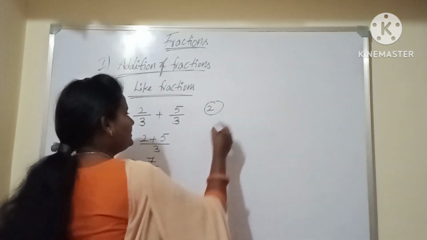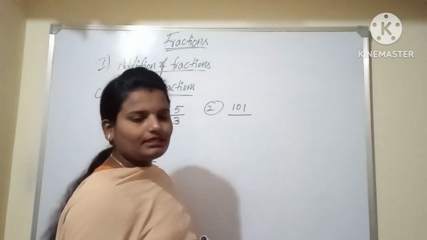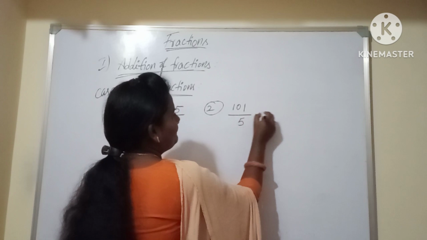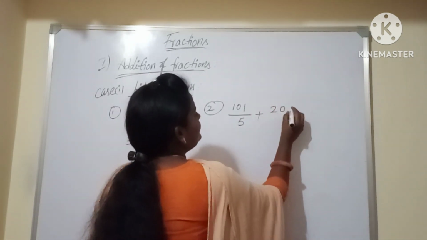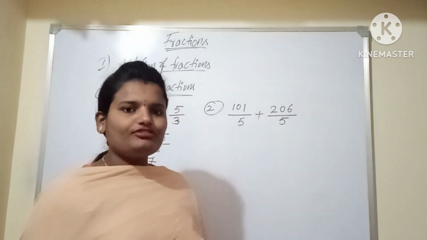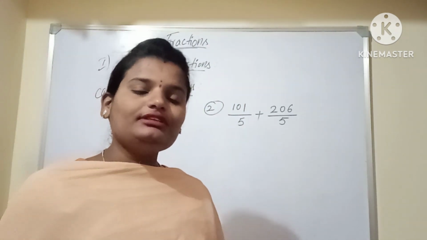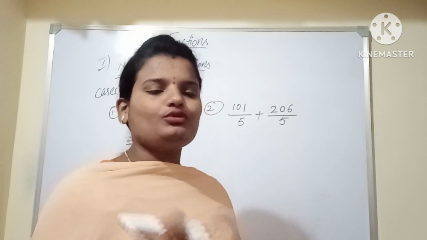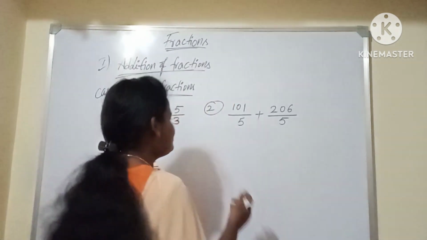Suppose here 101 by 5 plus 206 by 5. Again, if you observe, those two fractions are like fractions, right? So in this case, what do we have to do? We have to add the numerators directly.